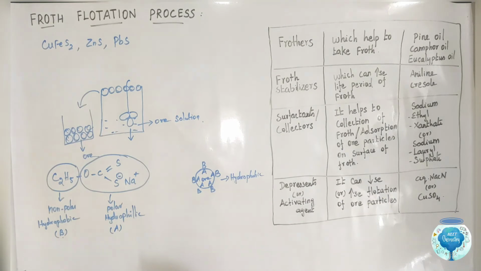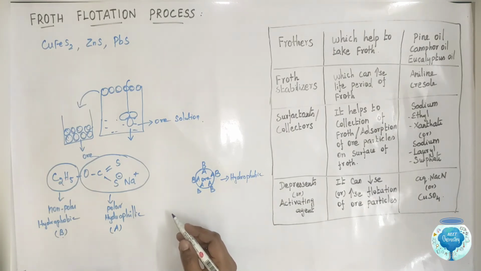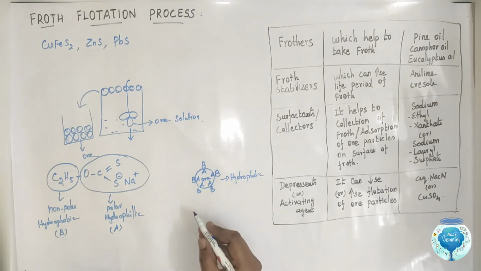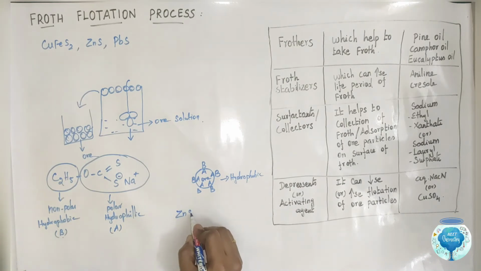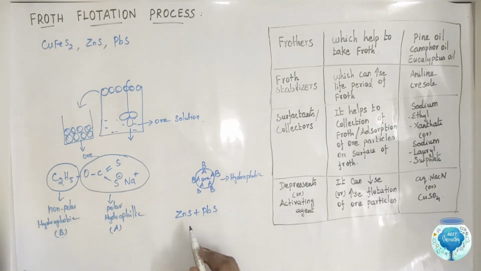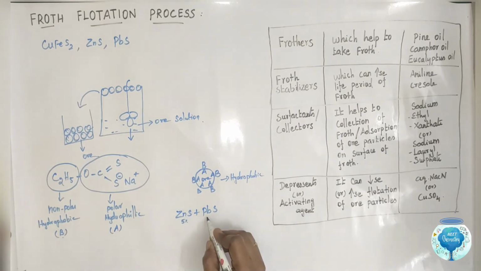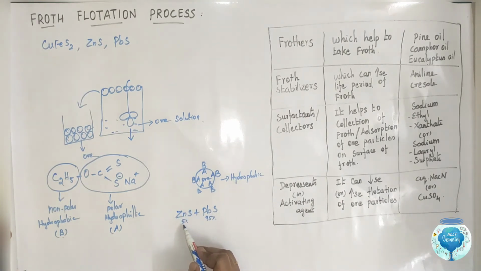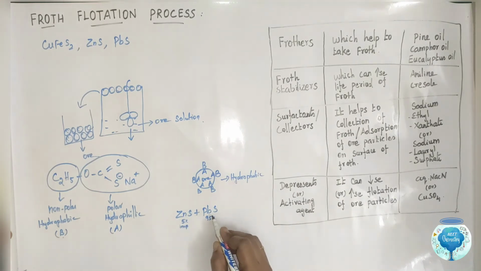If the sulfide ore of a metal contains another metal sulfide as impurity, we add depressing agents. Example, zinc sulfide attached with lead sulfide: zinc sulfide is 5%, lead sulfide is 95%. The 5% is impurity, and lead sulfide at 95% is the ore.